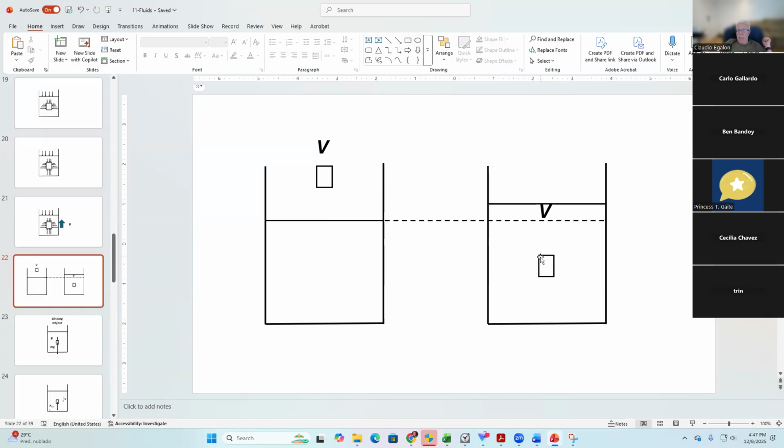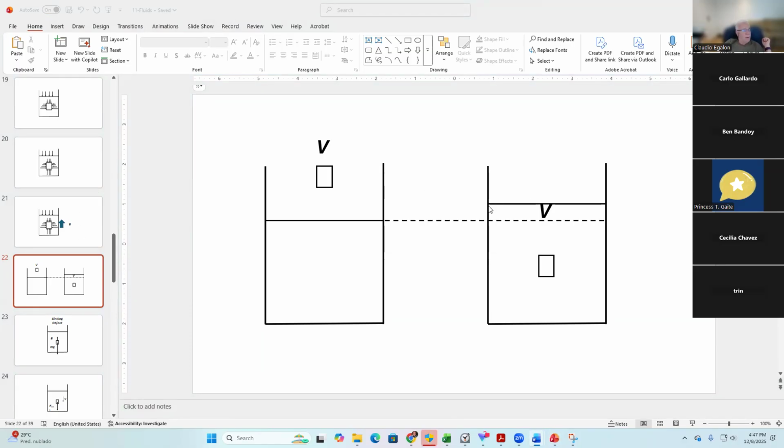The object cannot be collocated with the water that was occupying this volume here. So that's why that volume of the water must be displaced upwards. So you have to understand that: when you submerge an object completely, this object displaces its own volume of water. Remember that.